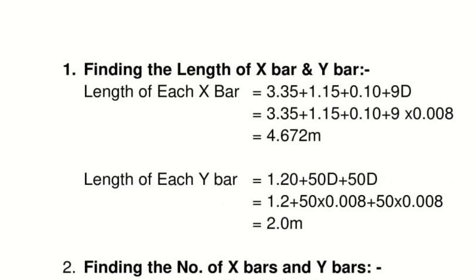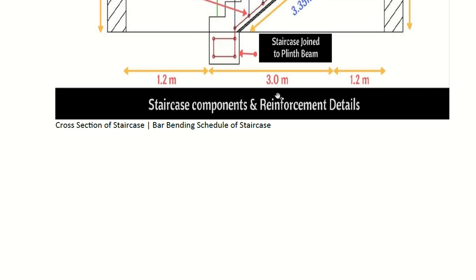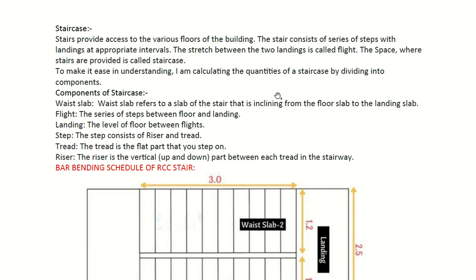1.2 is the total width of one slab, full waist slab, right?